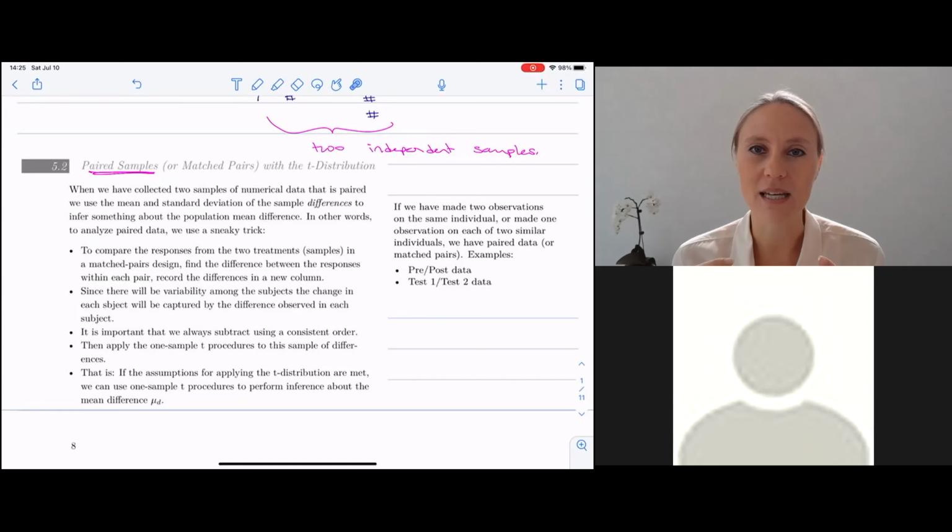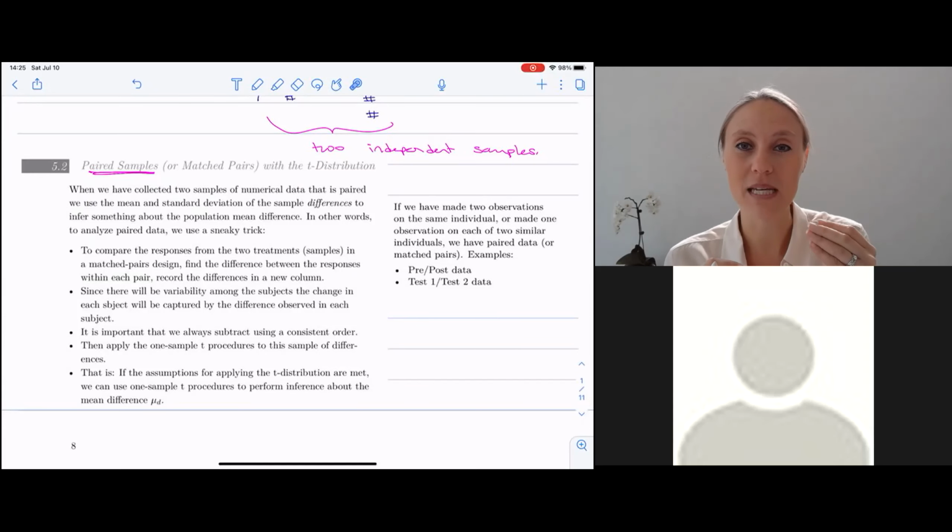But the mean is the mean of the differences, right? Or the mean difference. And terminology can get a little bit boggy here, right? Because sometimes we'll talk about the differences in the means, which is for 2 independent samples. And then right now we're talking about the mean of the differences, or usually we just say the mean difference.